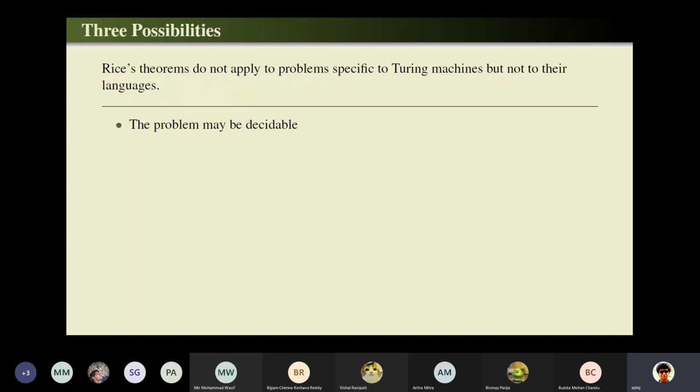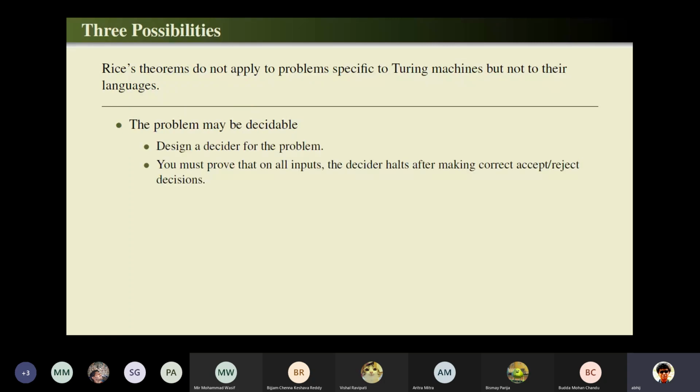So you have to build a decider, and that may require some kind of arguments like the pigeonhole principle or some kind of proofs that I have reported in the previous slides to design a decider. And the only thing you have to ensure is that it's a decider, that is, for all inputs it must halt after entering either the accept or reject state.